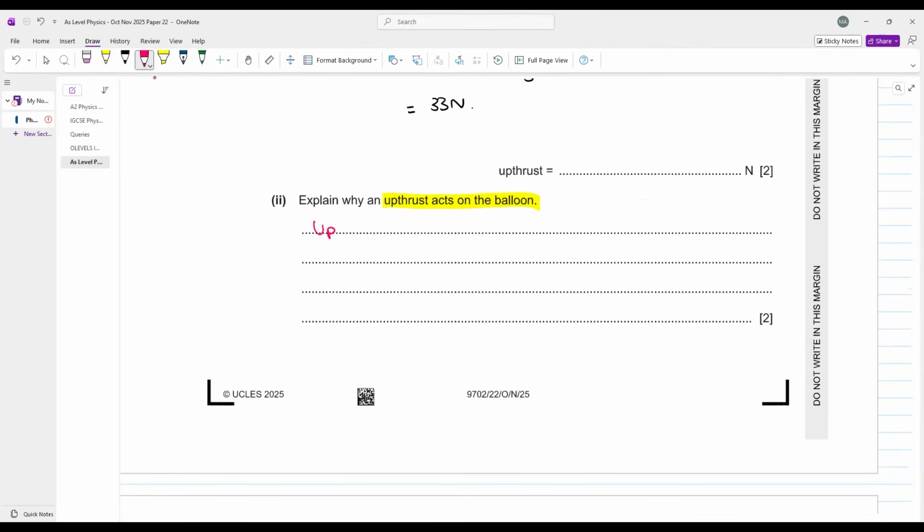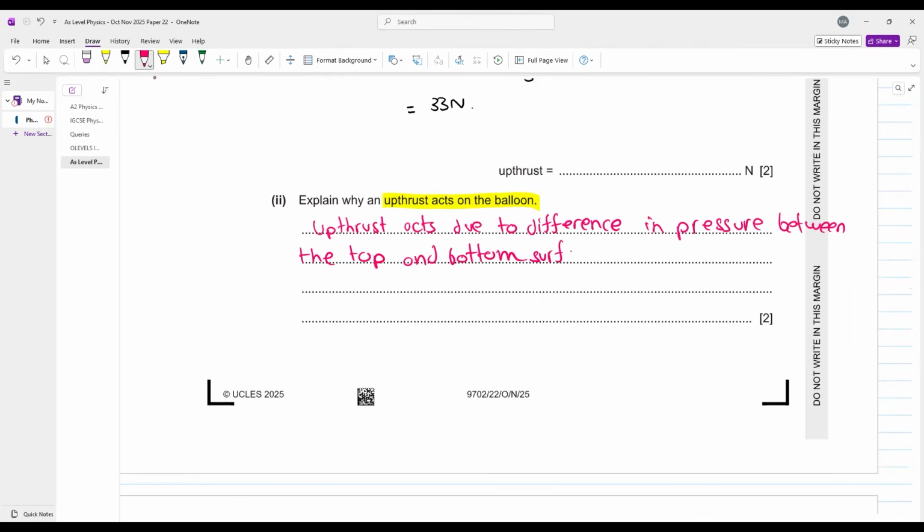Upthrust acts due to difference in pressure between the top and bottom surfaces.